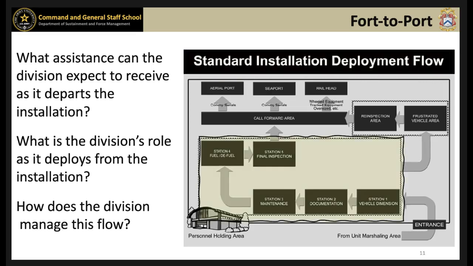Continuing on, unit movement data, UMD, is verified at the installation staging areas, and equipment is inspected and configured for movement. Unit equipment is then typically moved to the ports of embarkation by convoy or commercial surface transport.